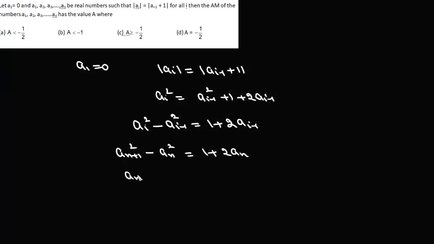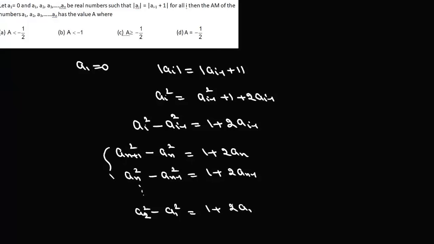Then we can write An square minus A(n minus 1) square will be 1 plus 2A(n minus 1), and we'll continue till A2 square minus A1 square, and it will be equal to 1 plus 2 A1. Now if we add all these, the successive terms will cancel, and we know that A1 is 0, so this value will be 0.